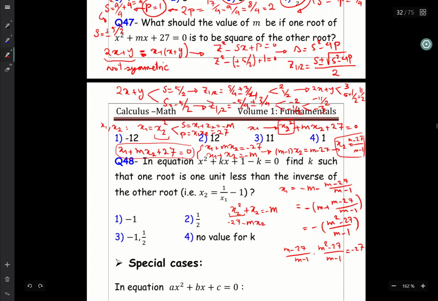As we found, x2 is (m minus 27) divided by (m minus 1). And I guess instead of solving this, we can solve the equation that x1 is x2 squared.